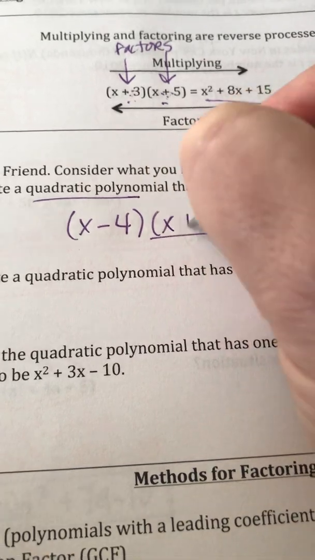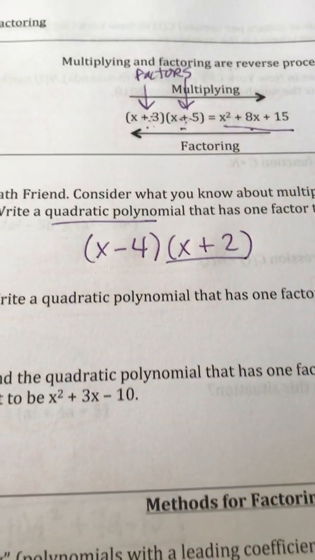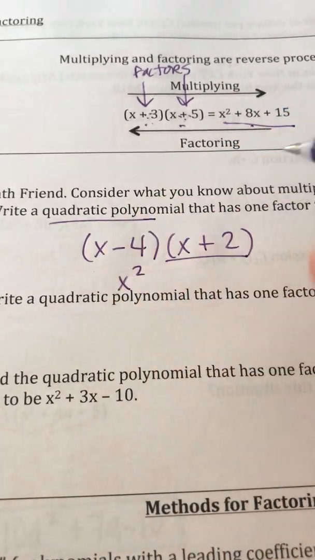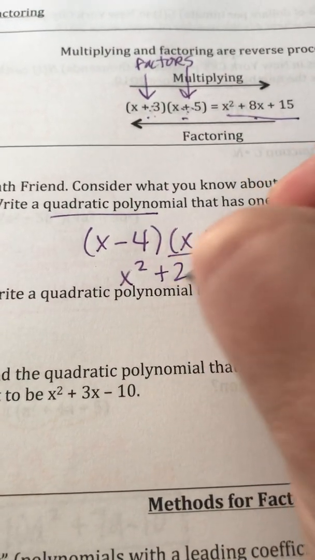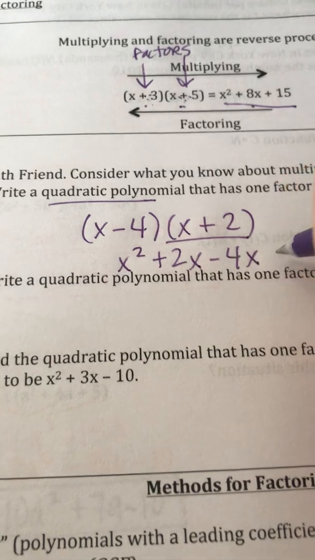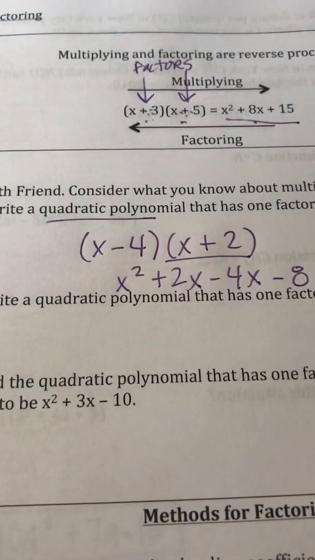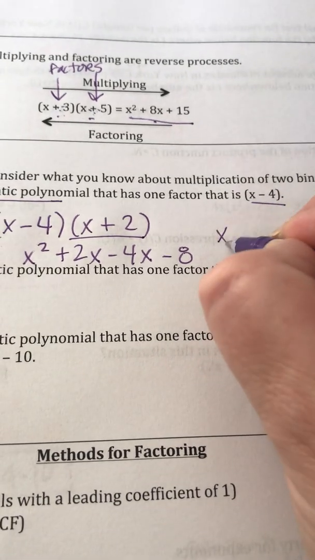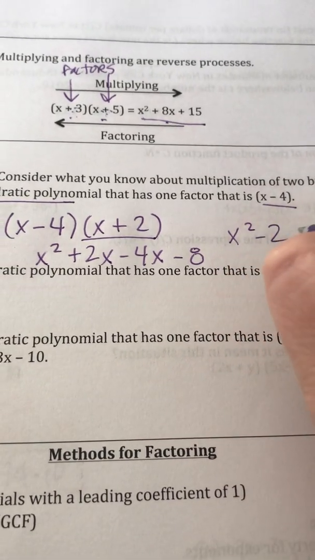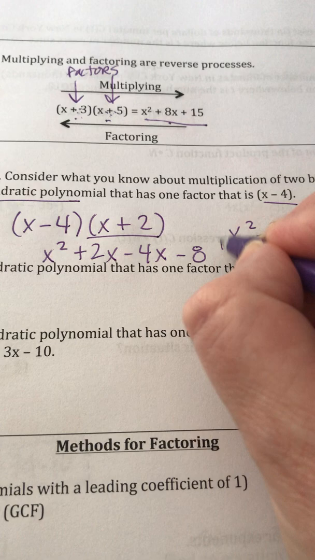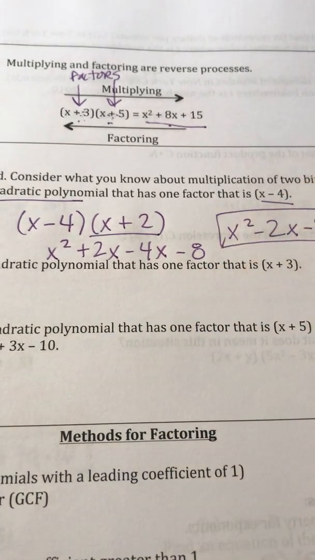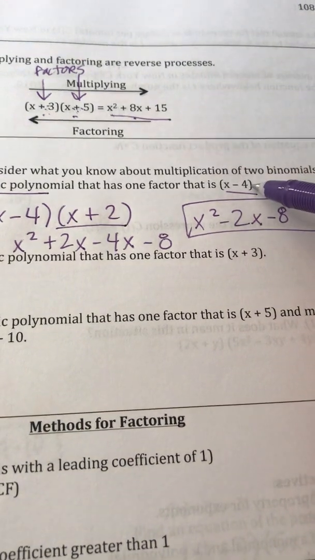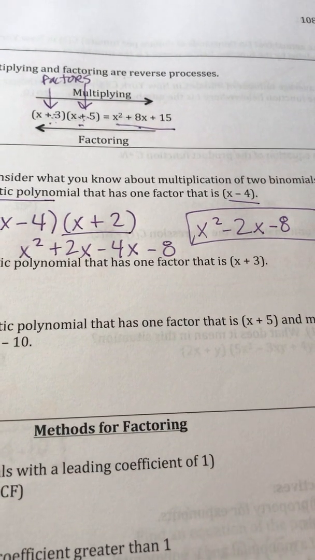Let's say I pick x plus 2. Now I'm going to multiply this out. You have x squared plus 2x minus 4x minus 8. And so my quadratic polynomial will be x squared minus 2x minus 8. This is my quadratic polynomial that has one factor of x minus 4, okay?